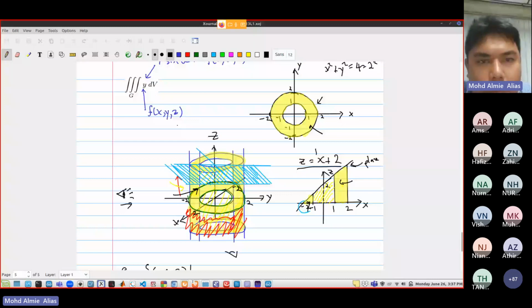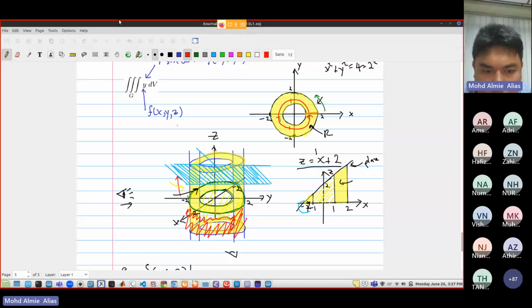We have a line here, and then we move it in this direction, which means we move from theta 0 until theta equals 2 pi.